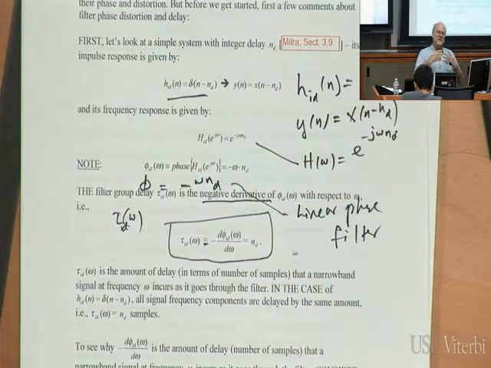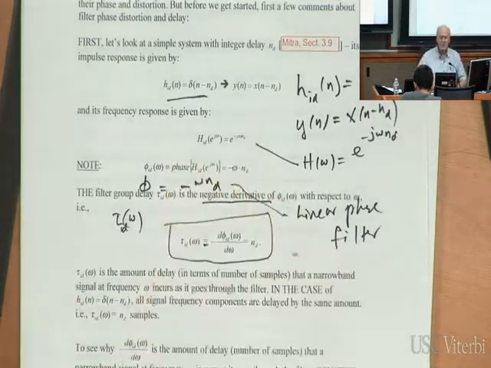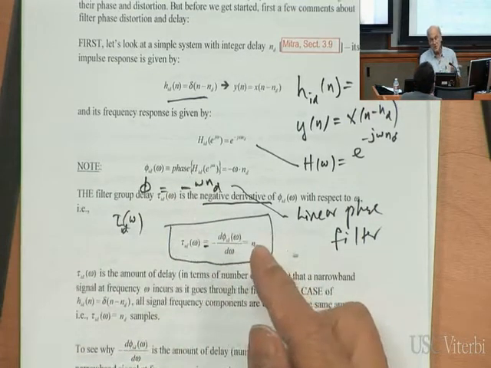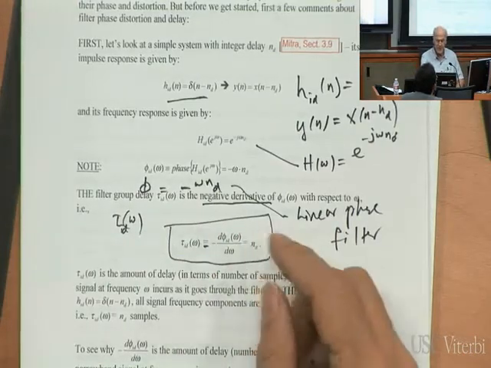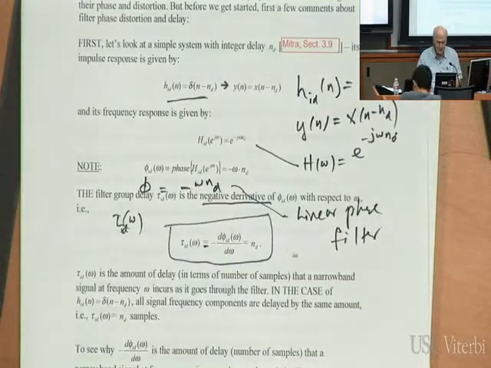So we've come up with a definition of what I'm calling a group delay. I'll explain why it's a group delay in a few moments, and give you a background on where this definition came from. But that definition, minus d phi of omega d omega, for the simple example, is pretty much what you would hope it would be. Namely, it's the actual delay that we introduced in this simple filter example.